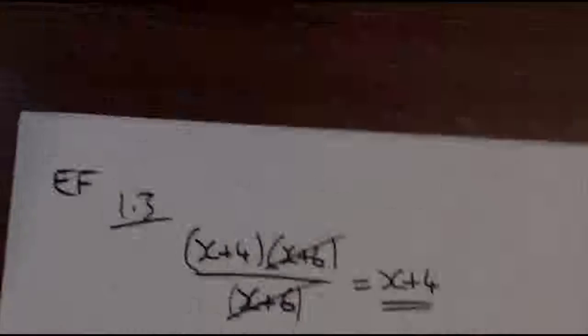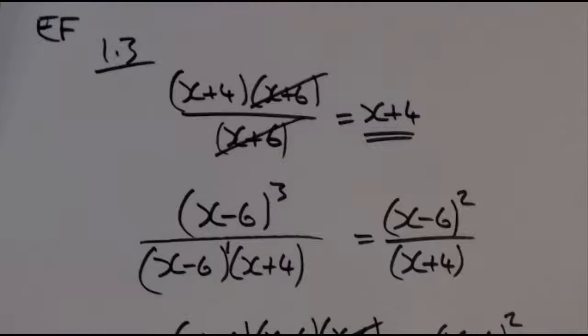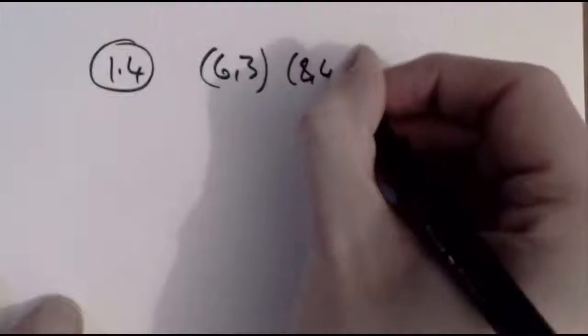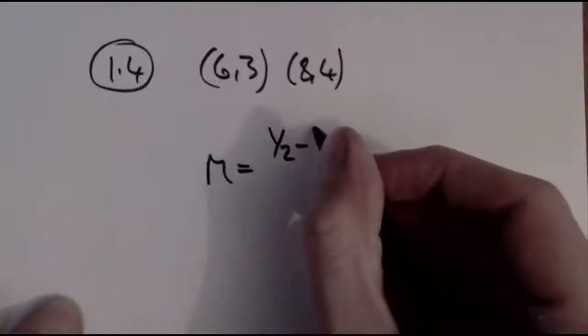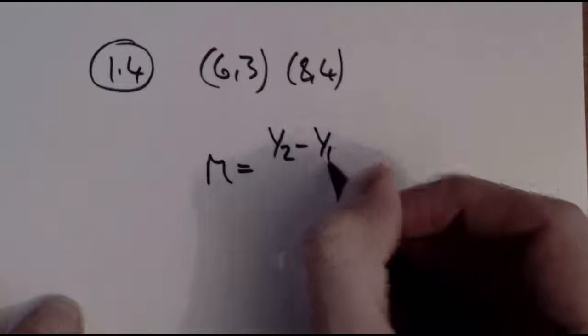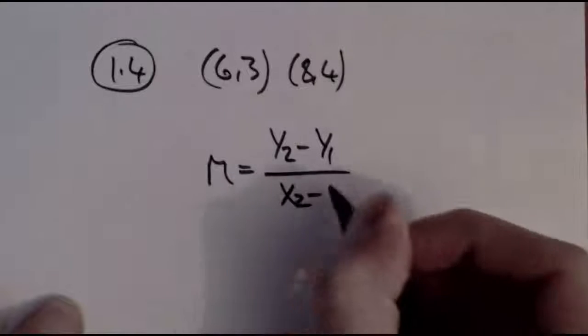So that was 1.3. Right, and here's one of the examples of calculating the gradient from 1.4. So I'll just take the first one. There's one coordinate 6 and 3, another one's 8 and 4. We know that the formula for the gradient is m equals y2 minus y1 over x2 minus x1.